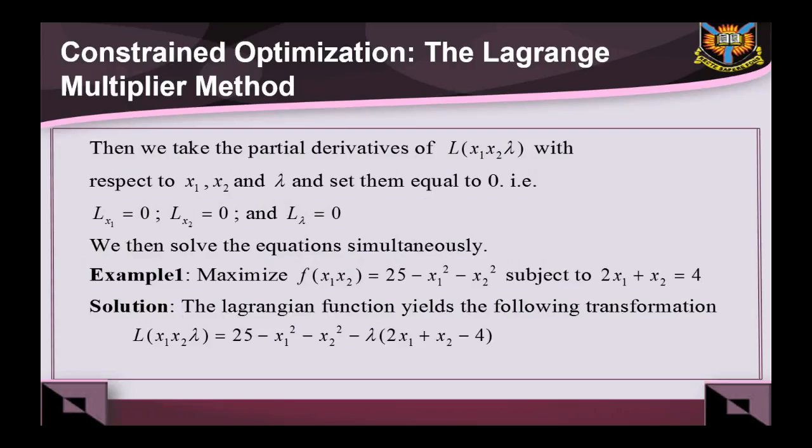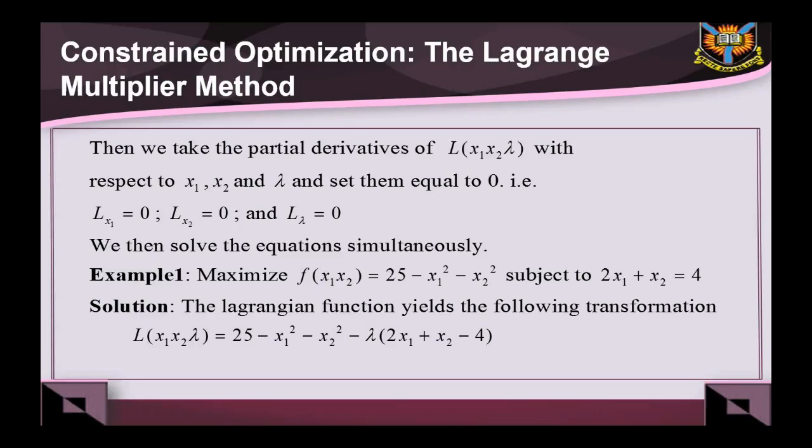Example 1. Maximize f of x1, x2 equals 25 minus x1 squared minus x2 squared, subject to 2x1 plus x2 equals 4. Solution. The Lagrangian function yields the following transformation.